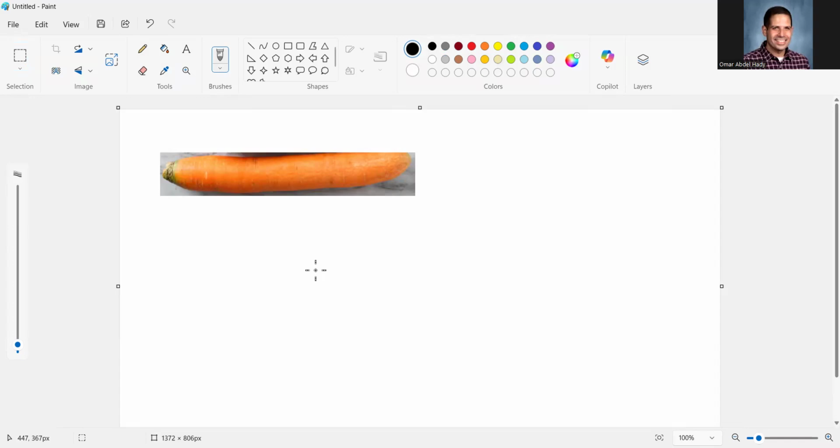Okay, so when we are looking at fractions, we have to understand that fraction is division. It's taking a whole and dividing it differently.